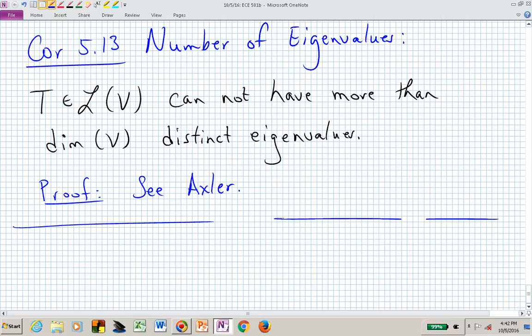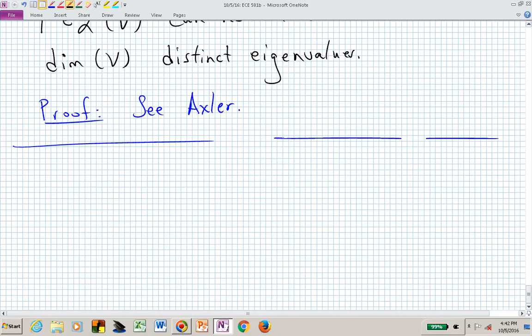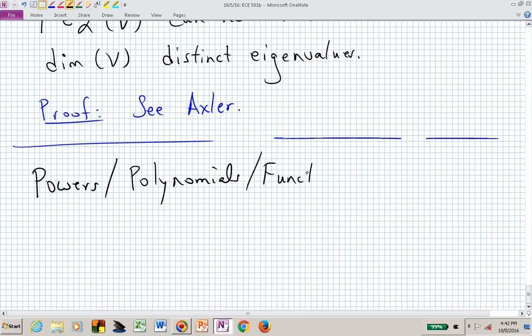Let's now look at another property of these linear maps that we're restricting to linear operators, and that is this idea of powers, polynomials, and functions of these operators.